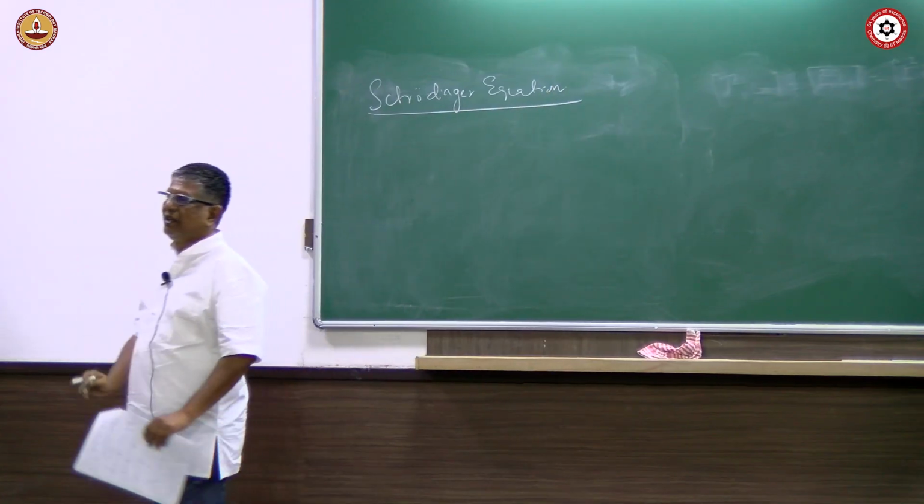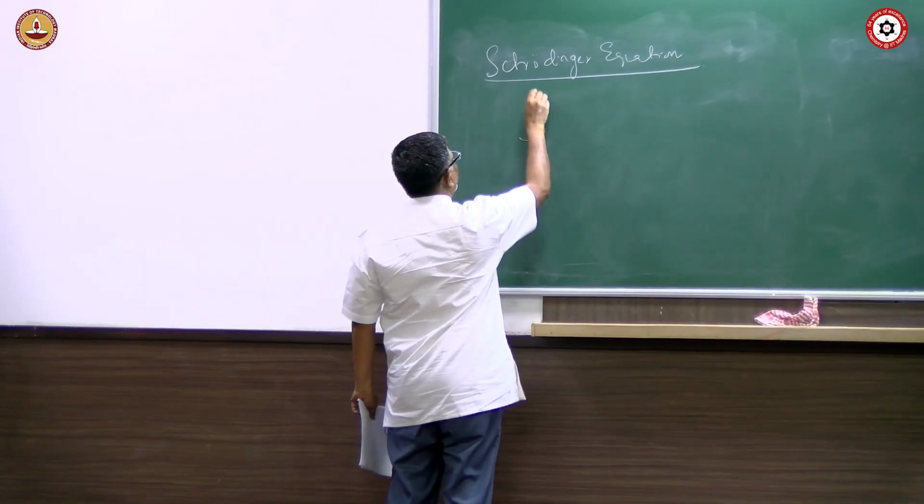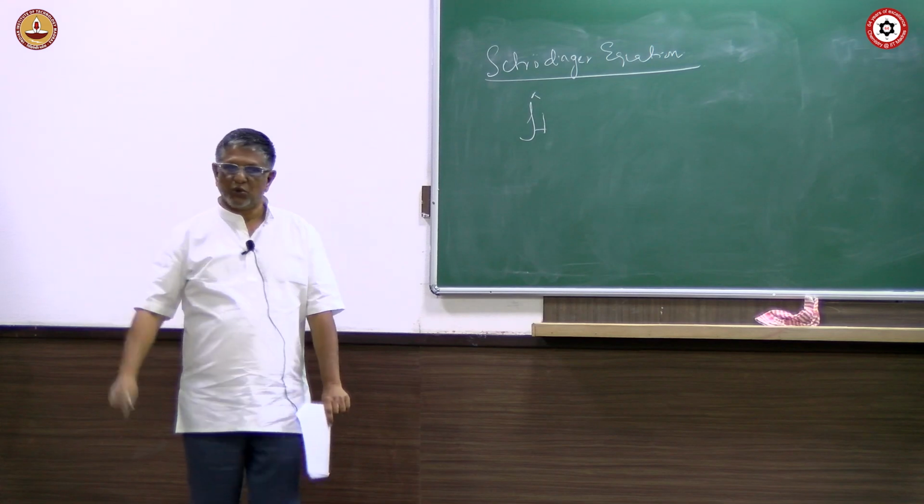Right. Now again we'll look at the Schrodinger equation in terms of the operators. So what is this operator? You must have seen it many times in your MSc class. This is your Hamiltonian.